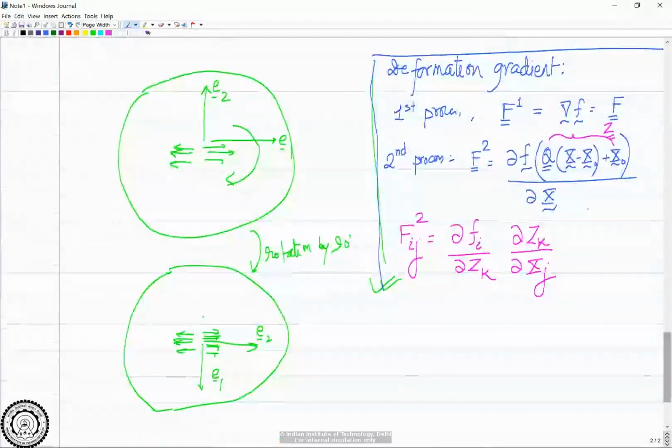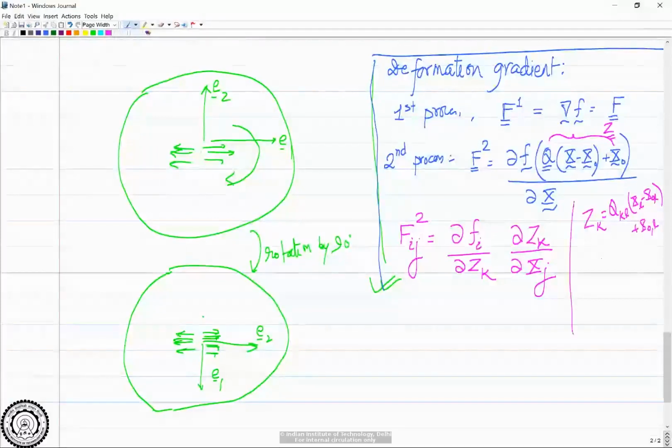Now what is zk? So use the formula of z, what will be zk? The kth component, that's qkl into xl minus x naught l plus x naught l. Agree with this?